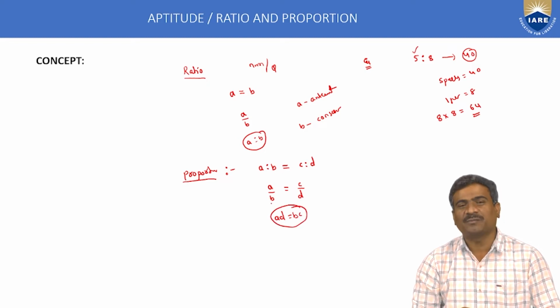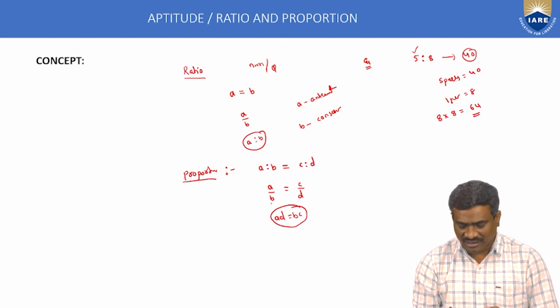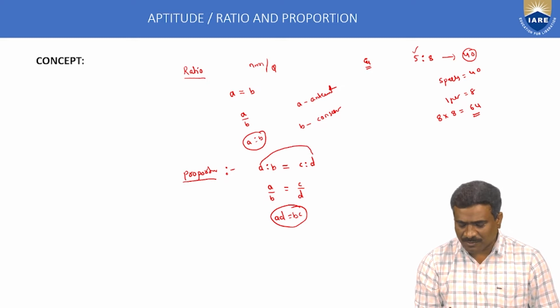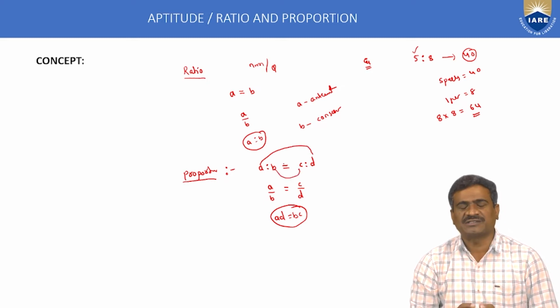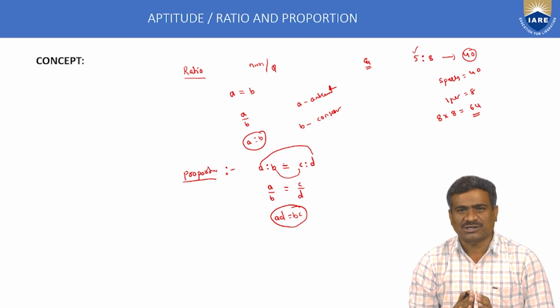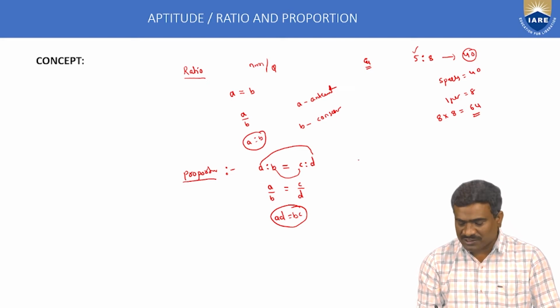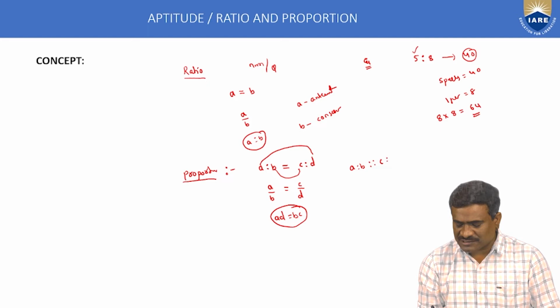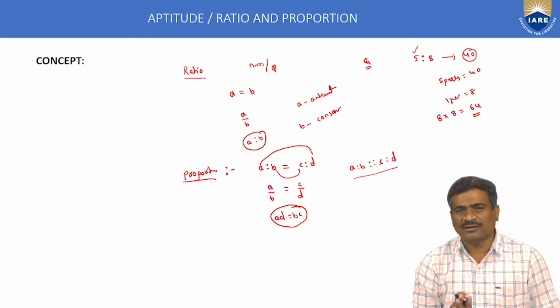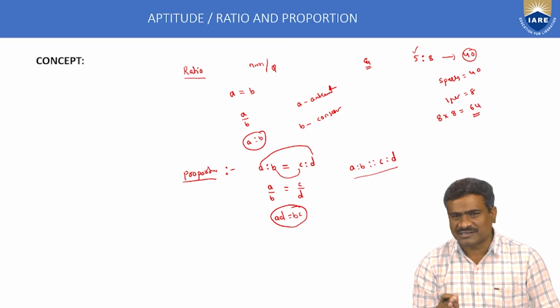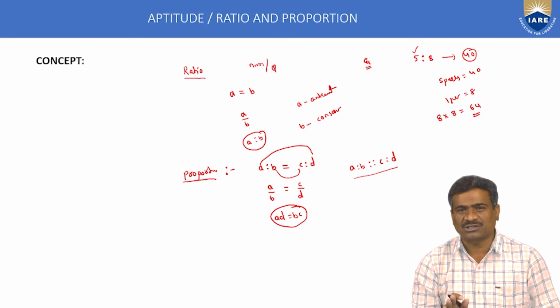This is called the proportion definition. AD is nothing but the product of extremes is equal to the product of means. This is about the proportion definition. Proportion symbol: A is to B, then the proportion sign, C is to D. The 4 dots indicate the product of extremes is equal to the product of means.